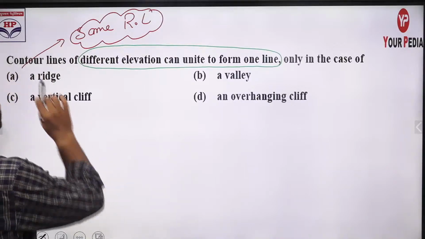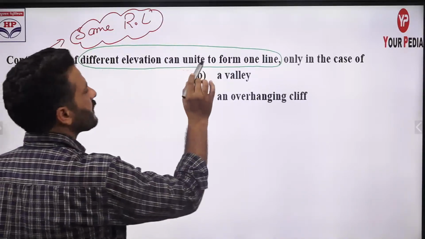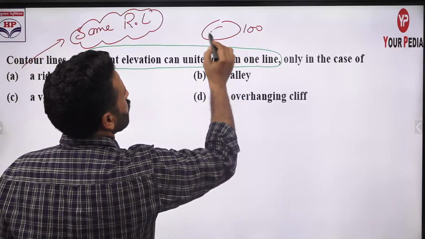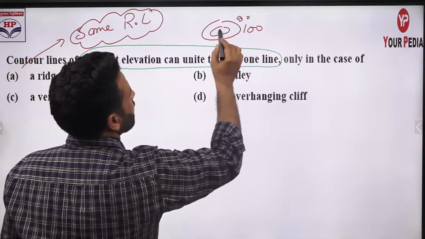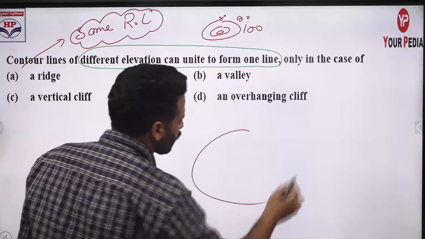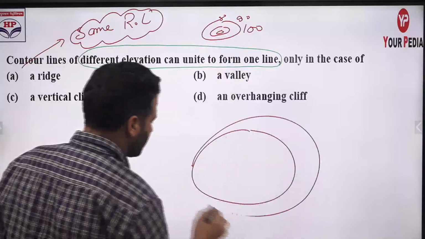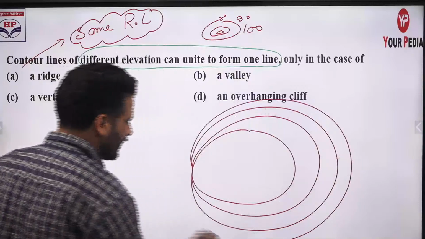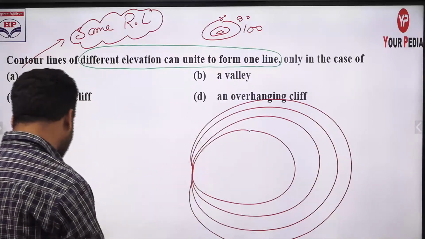So when contour lines of different elevation, let it be a contour of 100 RL, another of 90 RL, and the next of 80 RL, many contours are originating from, or uniting at, a single common point.